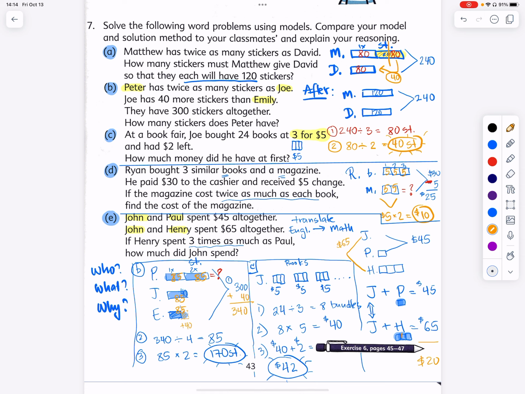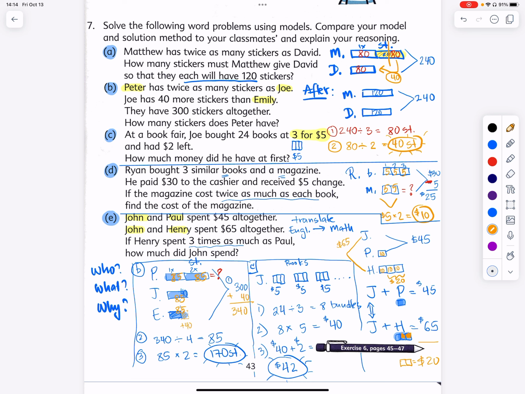We know Henry spent twice as much. These 2 units is the $20, which means right here, this difference is $20, which means each unit is 10, 10, 10.